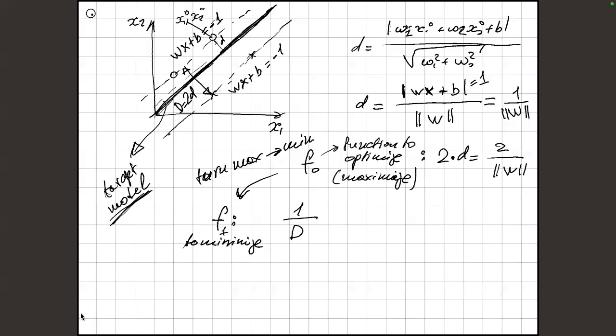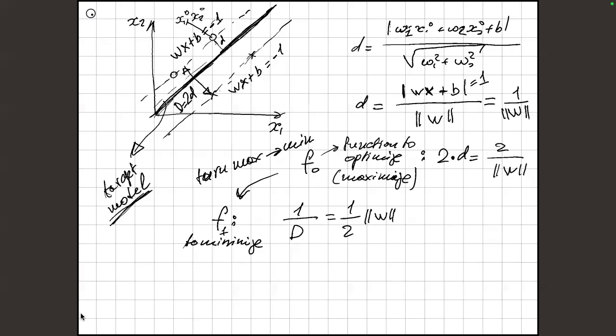So let me put it as f1. We are not there yet. 1 over d, which is then 1 over 2 multiplied by the norm.